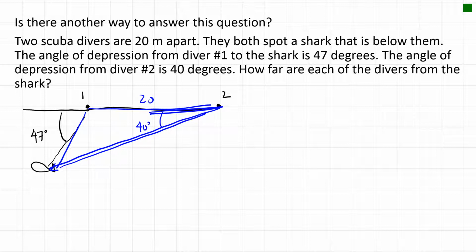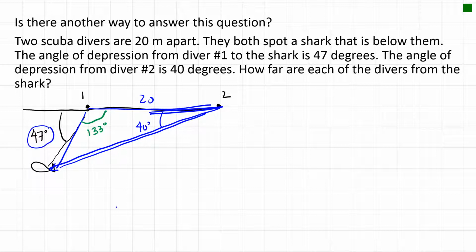So yes, there is another way to answer the question. Now, in order to set up the sine rule, we have to find 3 pieces of information on the blue triangle. This 47 degrees is outside of the blue triangle, so we've got to interpret that and actually calculate what this is, which is 133 degrees. And then we could go ahead from there to solve the triangle as we did before.